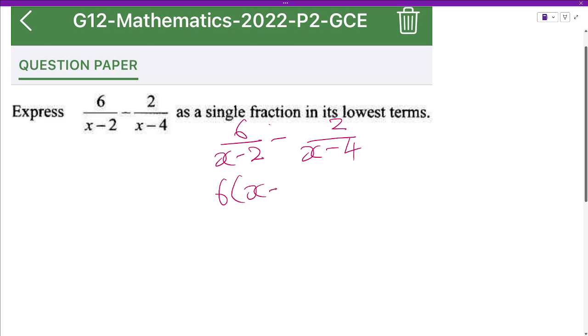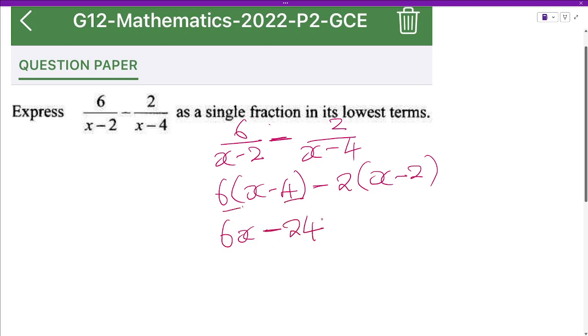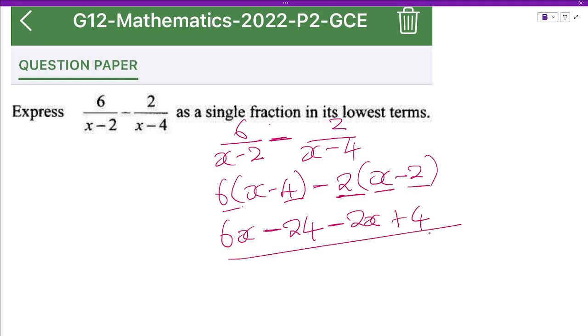So we're going to have x minus 4, close, bring down the negative there, then 2 open brackets, x minus 2, close. Okay, 6 times x is 6x. 6 times negative 4, negative 24. Okay, negative 2 times x, negative 2x. Okay, negative 2 times negative 2, positive 4. Okay, everything over.